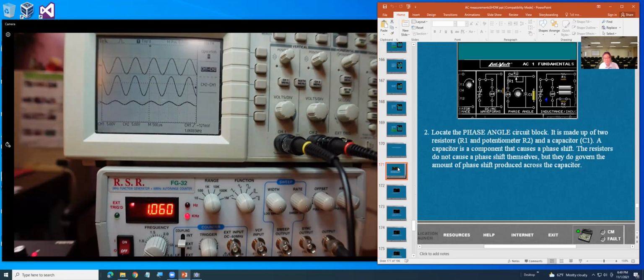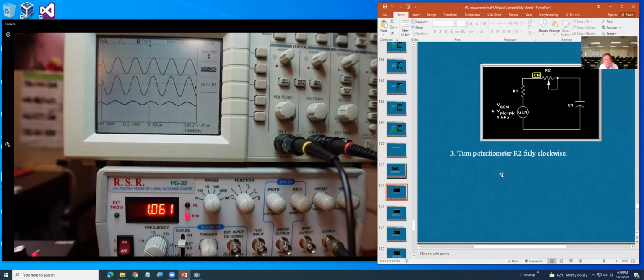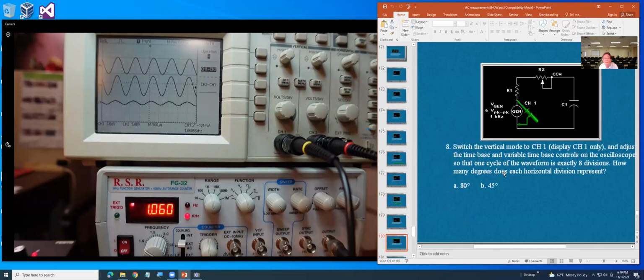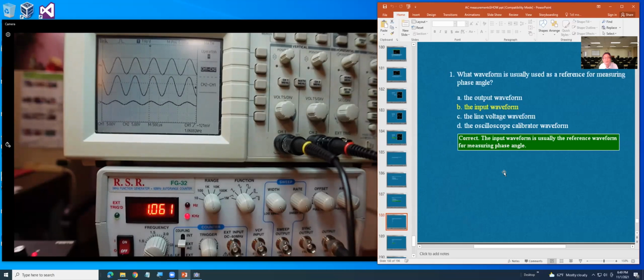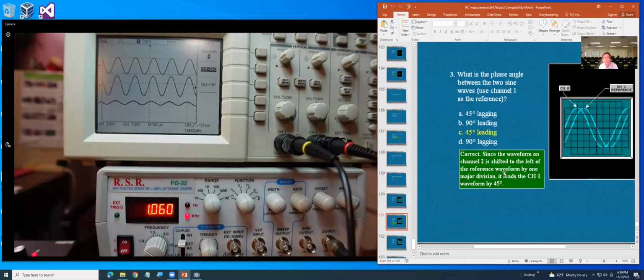Okay, now we're talking about measuring the phase angle. We don't care what they say here. We really care about what they want you to do.